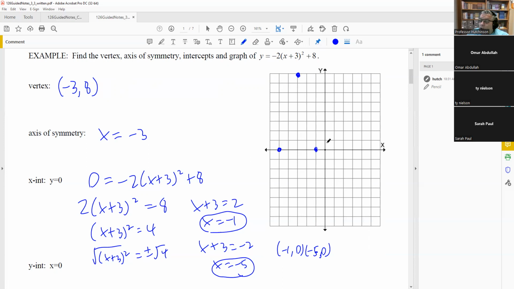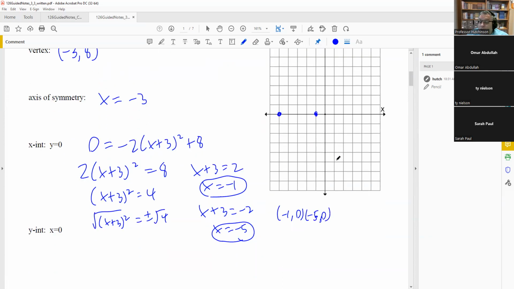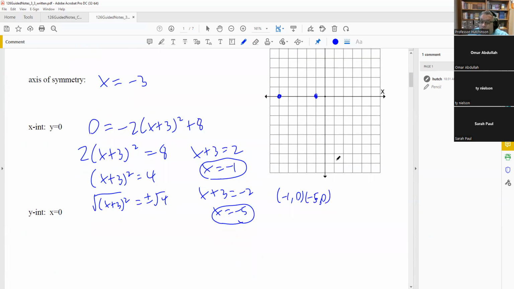All right, now we have one more point to find, and that's the y-intercept. That's where you put in a 0 for x. So I have y equals negative 2 times (0 plus 3) squared plus 8. We're just putting a 0 in for the x, and then we're going to simplify. That is negative 2 times 3 squared plus 8.